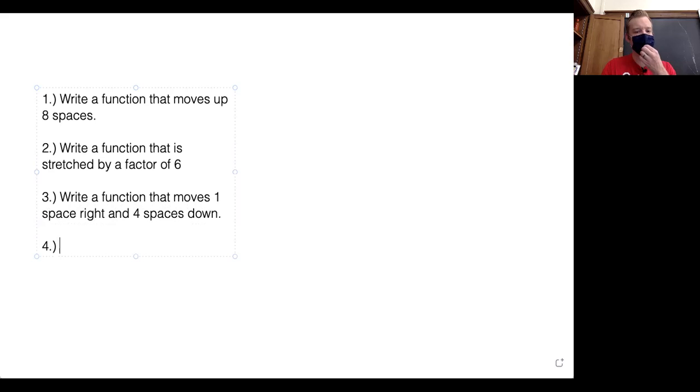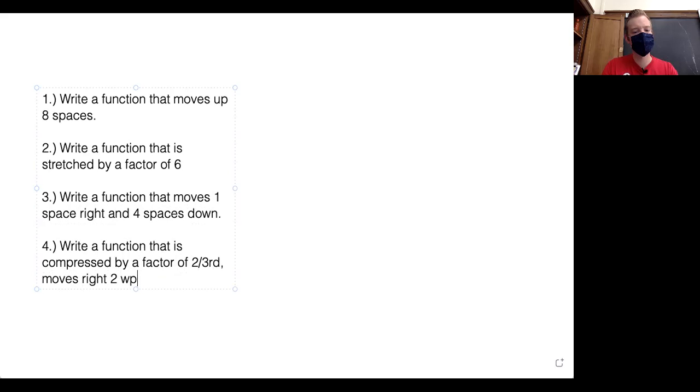And then lastly, write a function that is compressed by a factor of 2/3, moves right 2 spaces, and up 5 spaces. Got to get that Oxford comma in there.